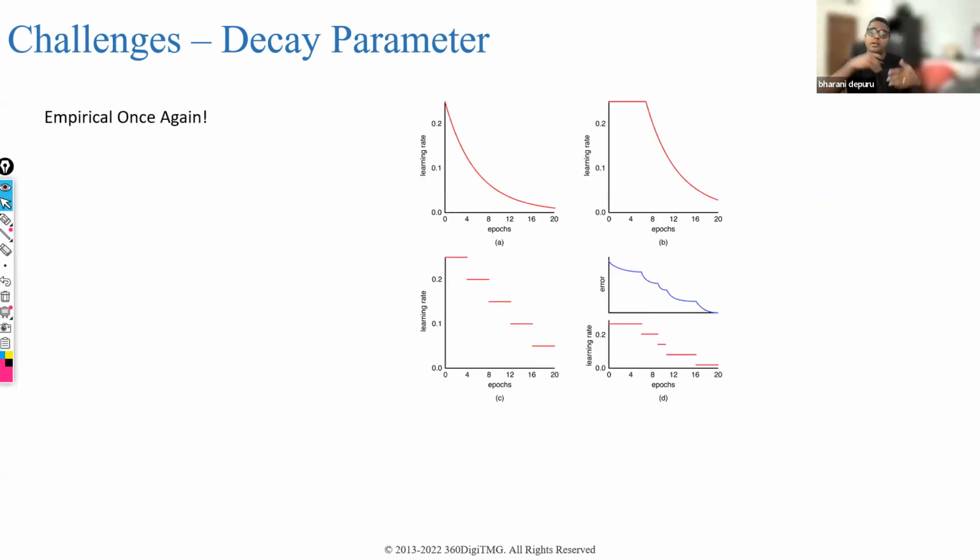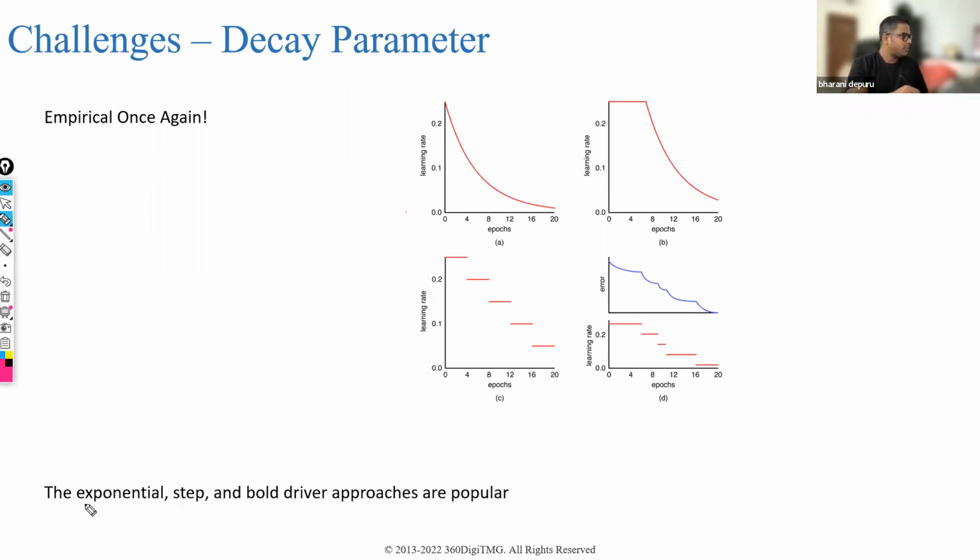And with the decay parameter, again, we have challenges. Look at this deep learning. That is why people are paid more, right? Here also we have challenges. What are those challenges? Which one should I use? Should I use the exponential method, wherein I exponentially keep reducing the learning rate?